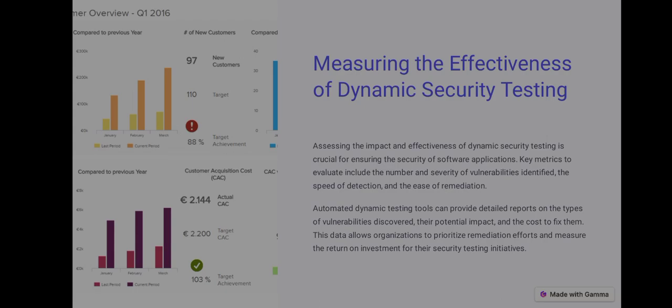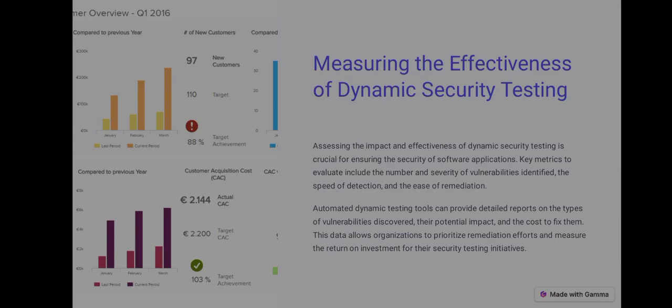Next you can see measuring the effectiveness of dynamic security testing. Ensuring the impact and effectiveness of dynamic security testing is crucial for ensuring the security of software applications. Key metrics to evaluate include the number of security vulnerabilities identified, the speed of detection, and the ease of remediation.